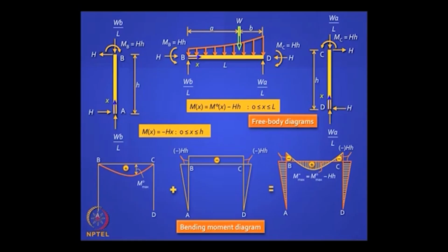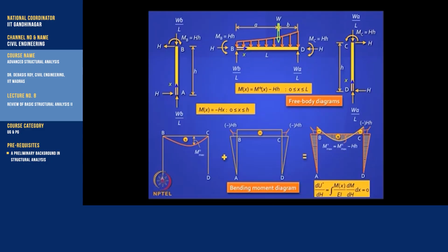Now you invoke the theorem of least work. Can you substitute these values and derive a formula for capital H? You have to integrate for 2 columns and 1 beam. If you differentiate these expressions with respect to capital H, what do you get?